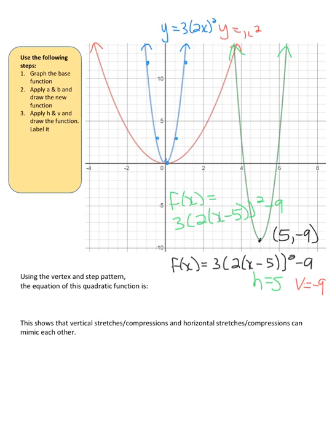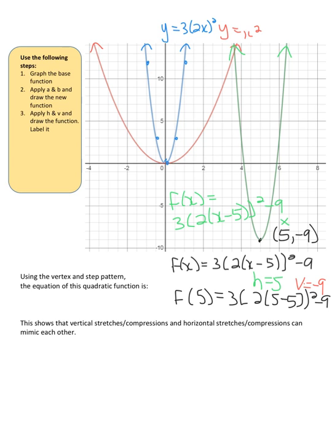So what we do with that is we substitute in x is 5 into the function that we were graphing, and when we put in 5 into this equation, we should get a y value of -9. So we're going to put in 5 for x, so we get 3 times (2 times 5 minus 5).